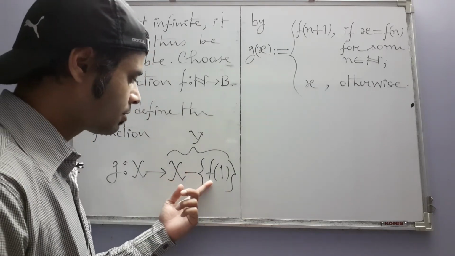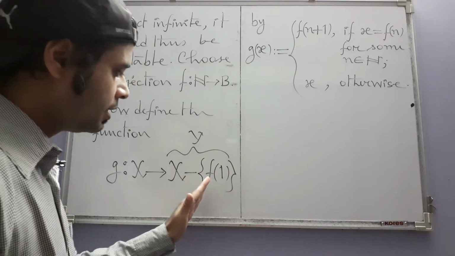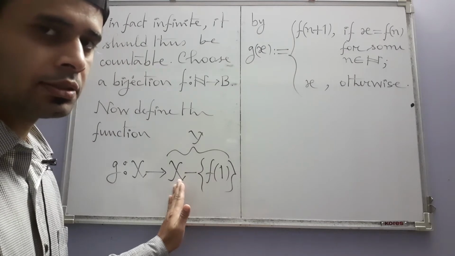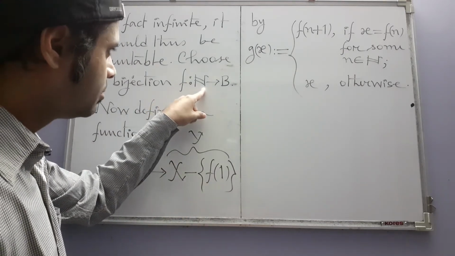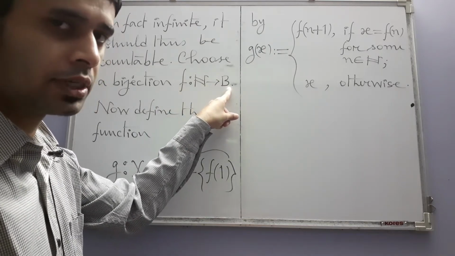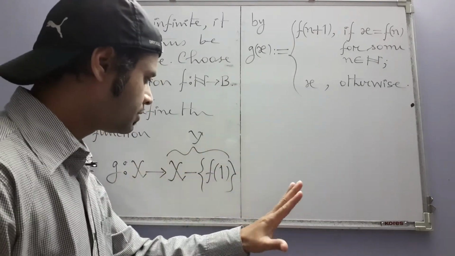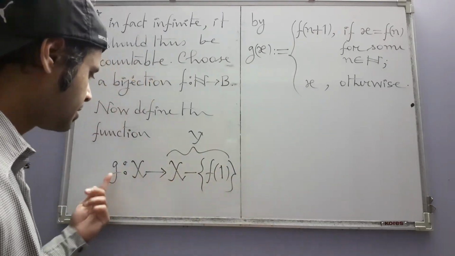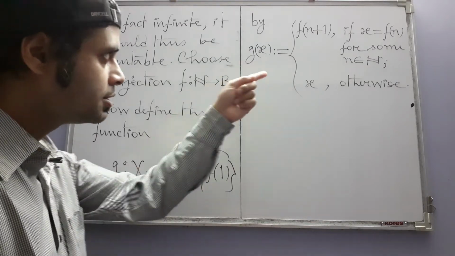Because it does not contain f of 1. By the way, is f of 1 an element of X? Yes, it is. Why? Because f of 1 is an element of B and B is a subset of X. So after all, f of 1 is in X. So we are removing this f of 1 from X and we are setting up a function between that proper subset and X, and this is the function.